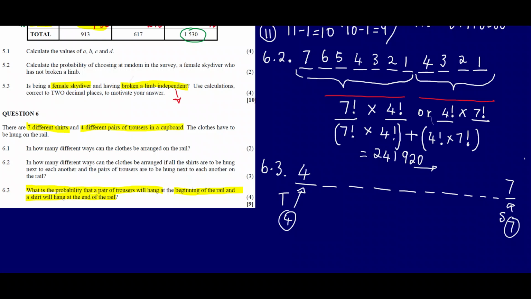So 4 possible options that I have for the first one and 7 possible options that I have for the last one, right? After that, I'll have 11 minus 2 because 2 spaces have already been taken there. So I'll be left with 9, any of the 9, any of the 8, because now the number will just keep reducing by 1: 4, 3, 2, and 1, right?